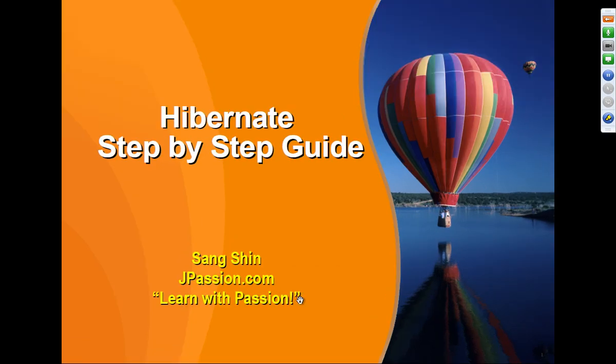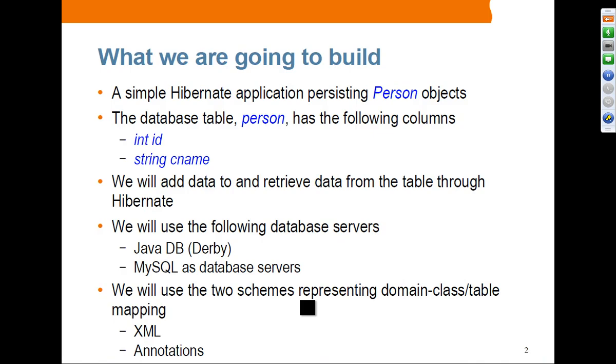All right, Hibernate step-by-step guide. What we are going to do here is build a very simple Hibernate application, using a single domain class called Person. This Person class is going to be mapped into a database table called person.